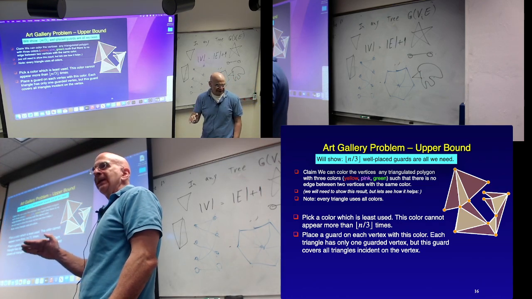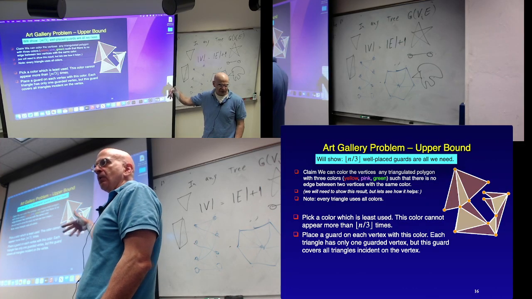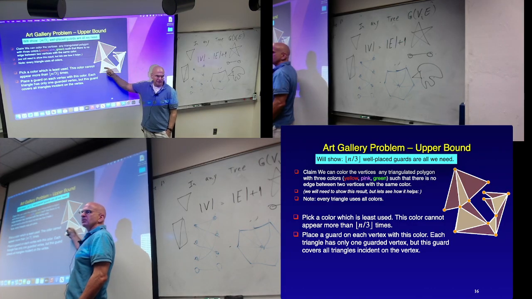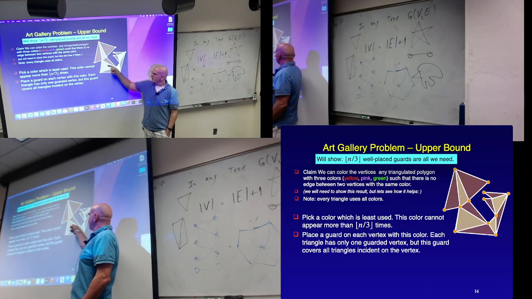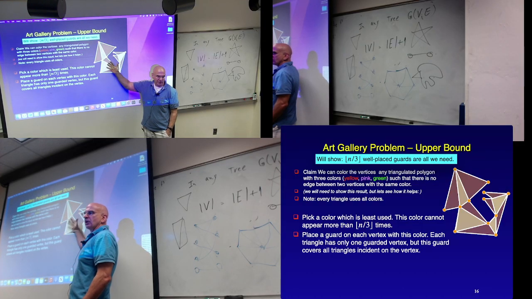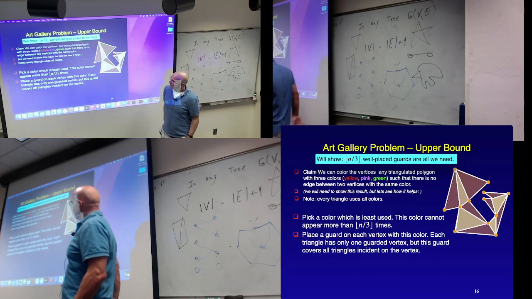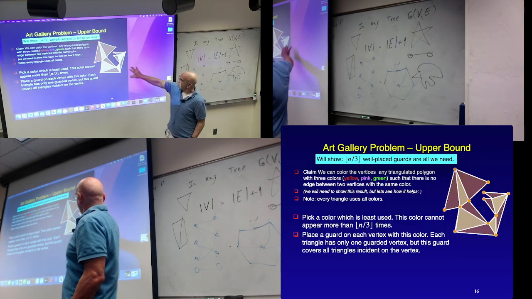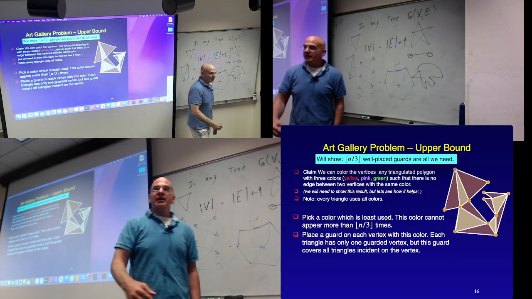We don't worry about the running time of the algorithm. What is the triangulation? By the way, I didn't say it. Triangulation means I subdivide it into faces, and every face has exactly 3 edges. That's it.